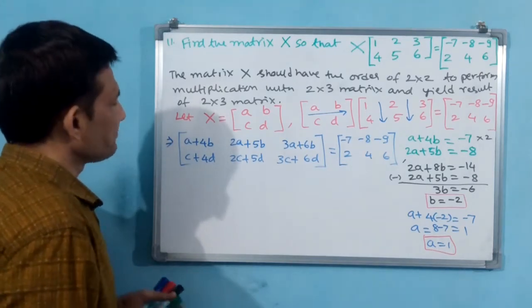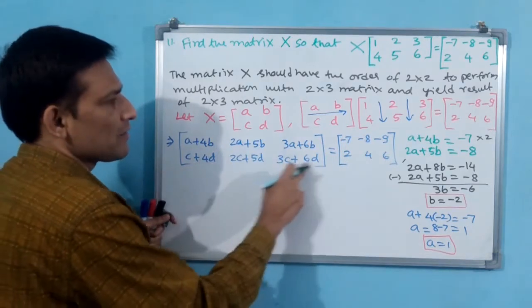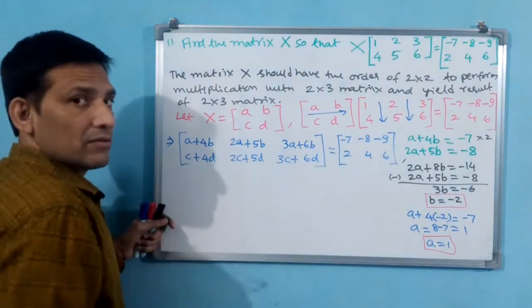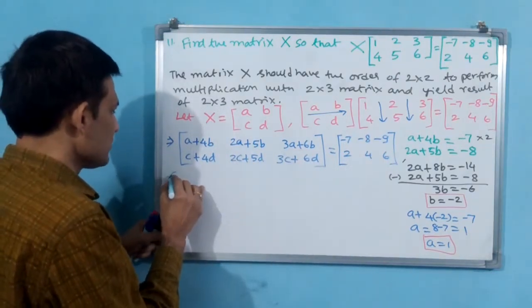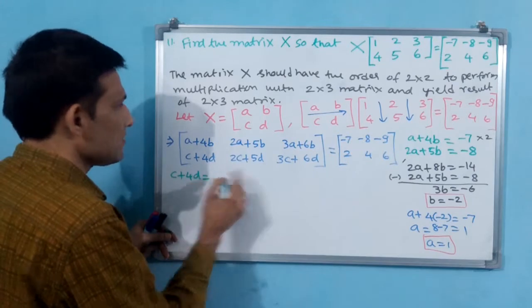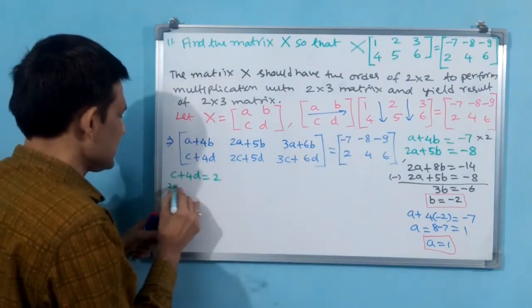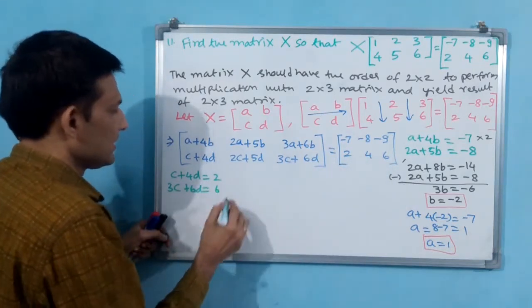Okay, let us do it. Now I am taking the first one and the third one. I will equate them and I will find C and D. First, C plus 4D is equal to 2. Next, I will take this one: 3C plus 6D is equal to 6.